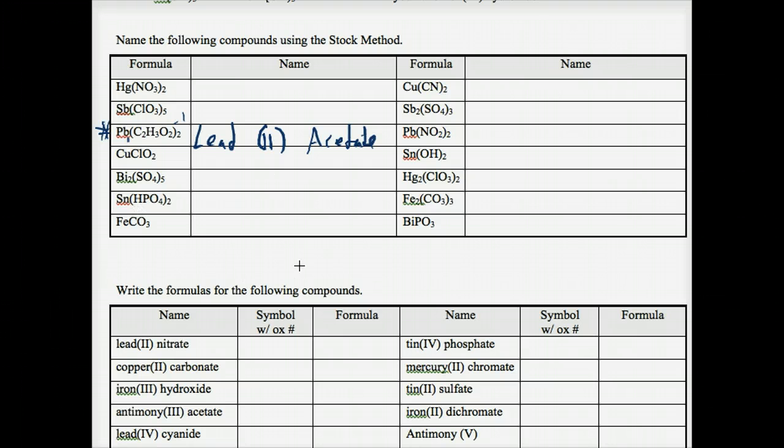Another way to show that would be just to rewrite it: Pb(C2H3O2)2. If I switch colors, that's what we have. Let's write what we should know. We should know there's an unwritten 1 there. We should know that that's -1. And the question for the Roman numeral is to solve for x.